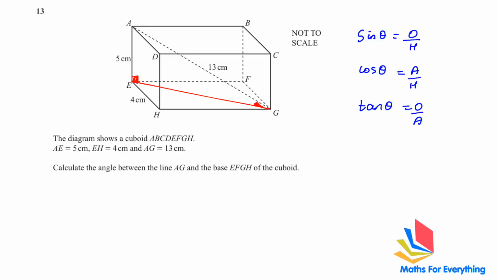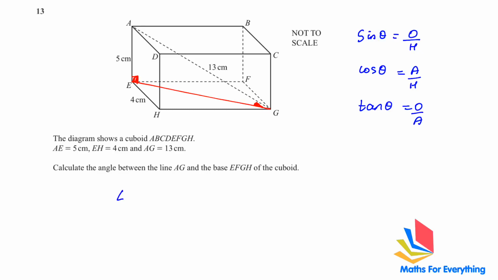These are the three trigonometric identities that you need to know. Sin theta is equal to opposite over hypotenuse. Cos theta is equal to adjacent over hypotenuse, and tan theta is equal to opposite over adjacent. Now, which identity should we use here? Always write down the angle that you want to find.